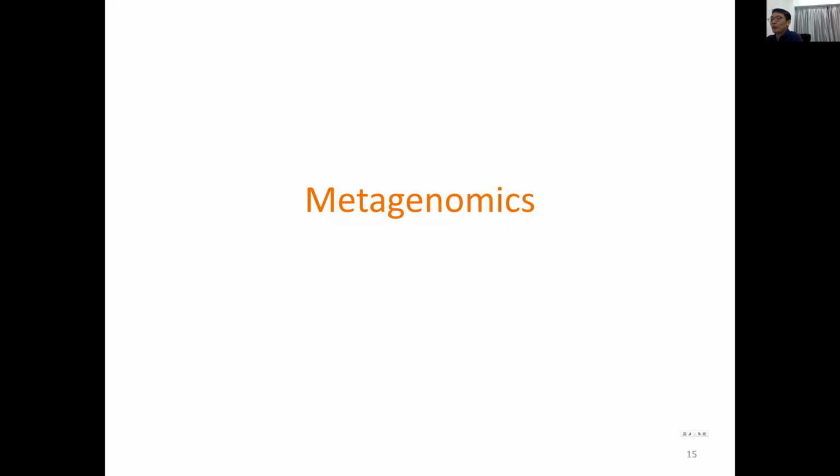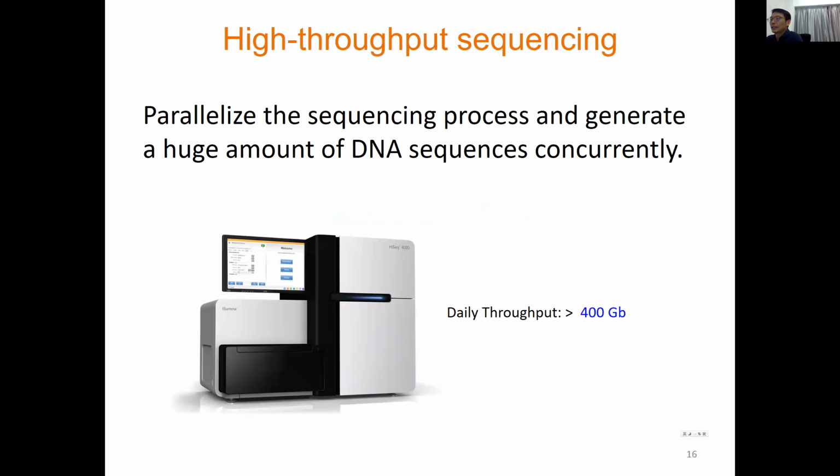Before talking about metagenomics, I would like to mention a little bit about high throughput sequencing, which is also called next generation sequencing. High throughput sequencing is a revolutionary DNA sequencing technology invented a few years ago, and it significantly changed the study of biology.